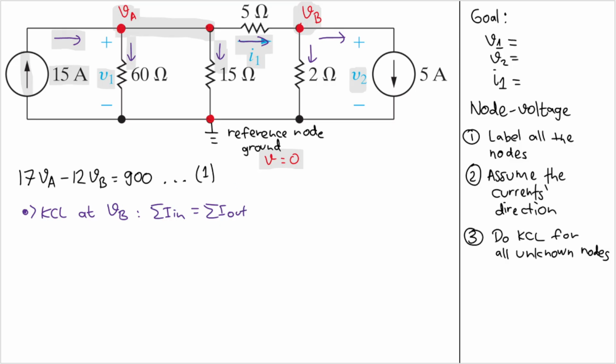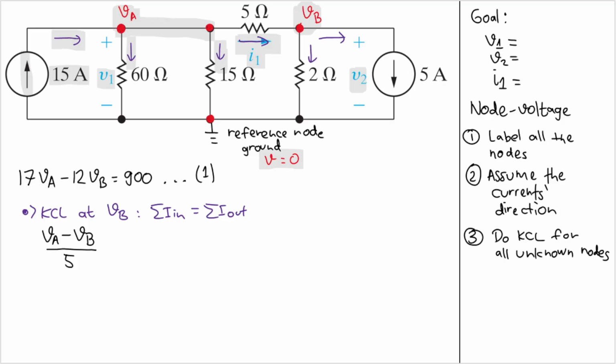Okay, let's see here. The only current that goes in is this one here. And that current comes from VA, right? And then that current goes to VB. So we'll have VA minus VB. And we need current, so we divide it by the resistance between them. So I will have 5 ohm here.